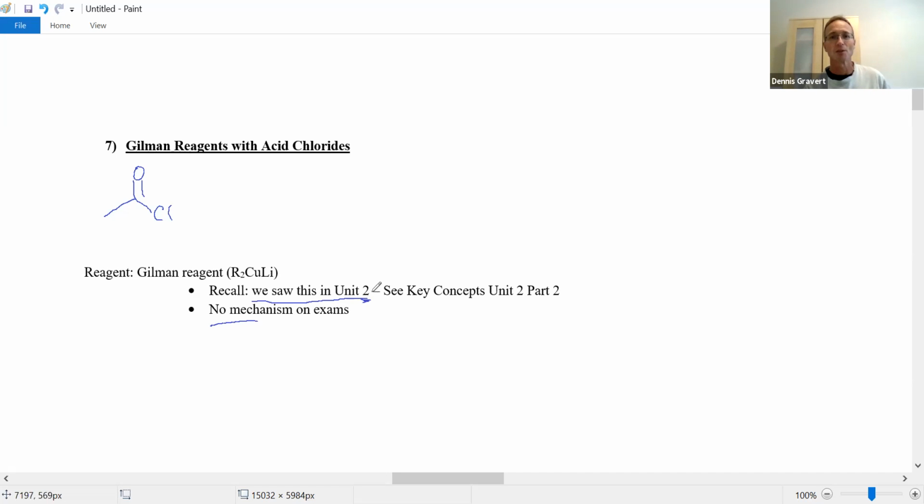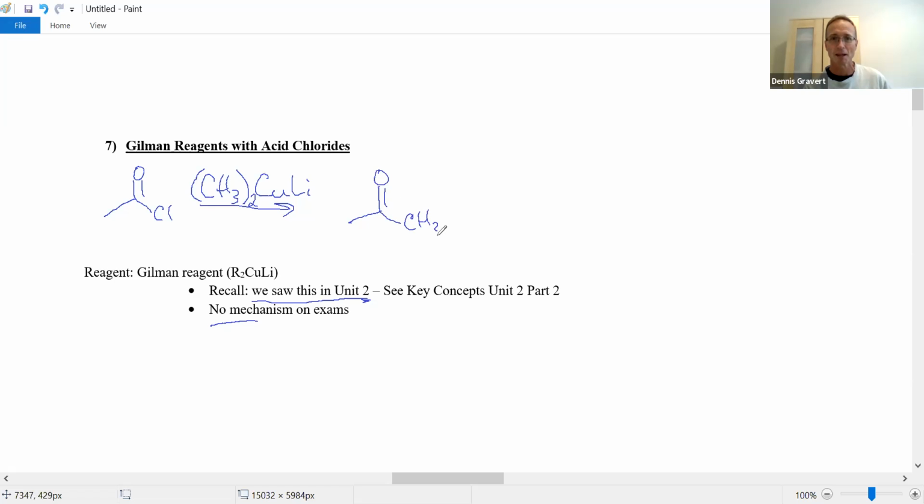Back in Unit 2, we had a method of making ketones with Gilman reagents. So the Gilman reagent is nicknamed the Cooley reagent, right? C-U-L-I. And then the methyl group bumps that up, and then the chloride comes out, and then the copper somehow coordinates with that, makes it stable.